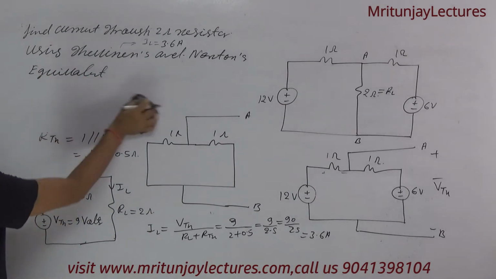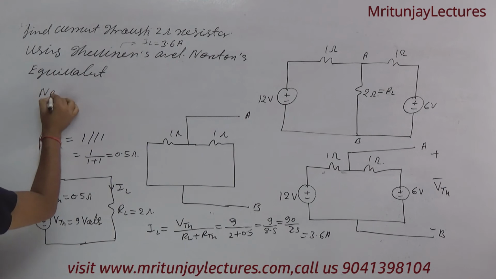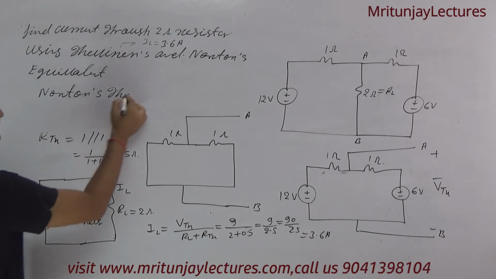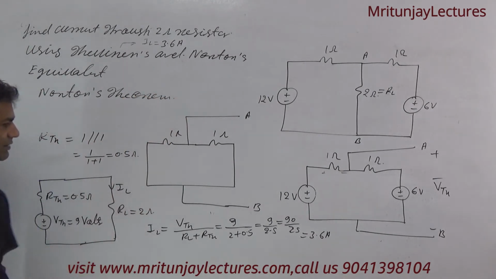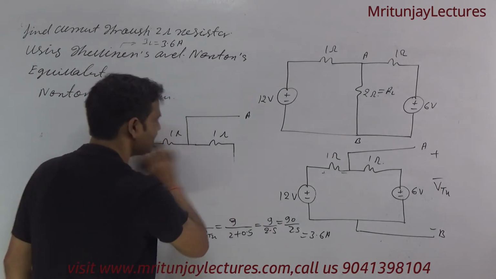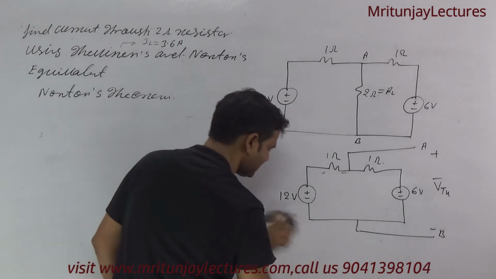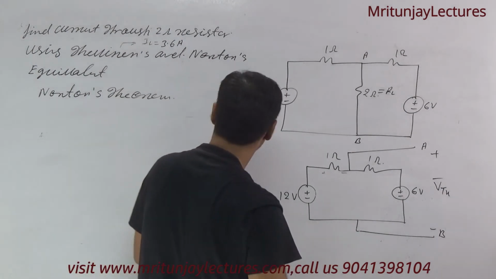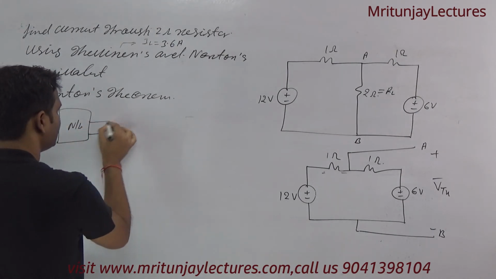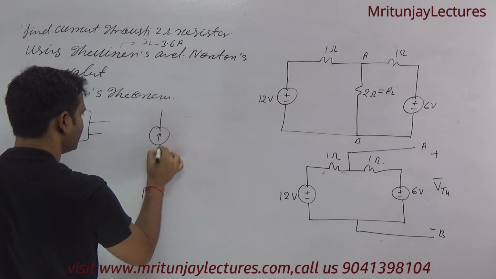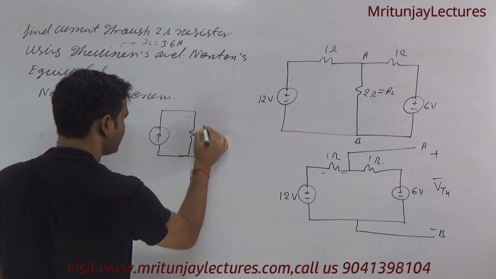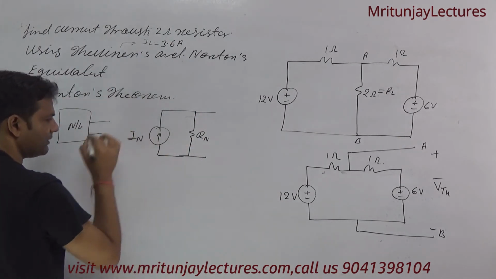Simply the conventional method. Now according to Norton theorem, our motto is that this whole network is converted like a Norton current IN with RN.